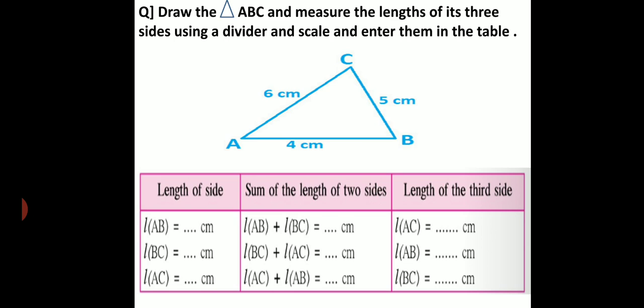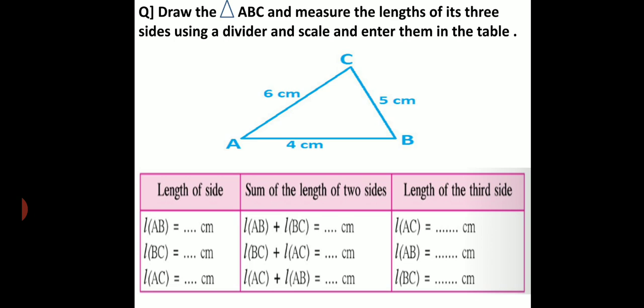That is, draw the triangle ABC and measure the lengths of its three sides using a divider and a scale and enter them in the table. I have simplified it for you by giving you a direct triangle.